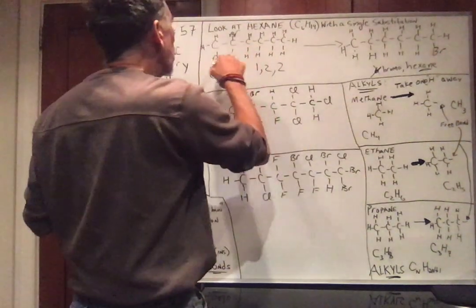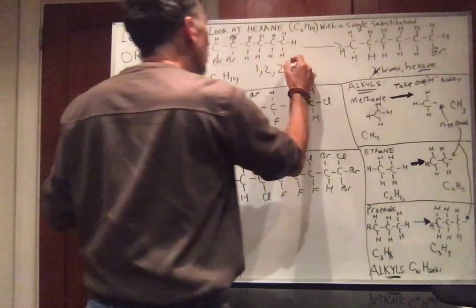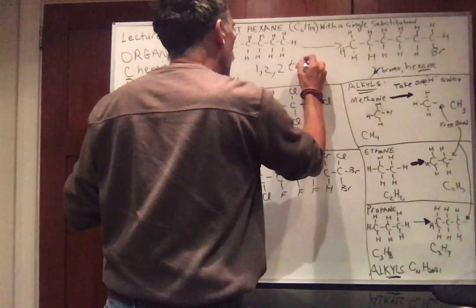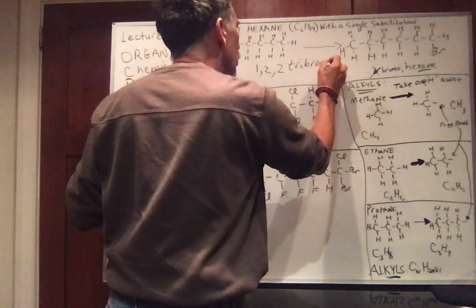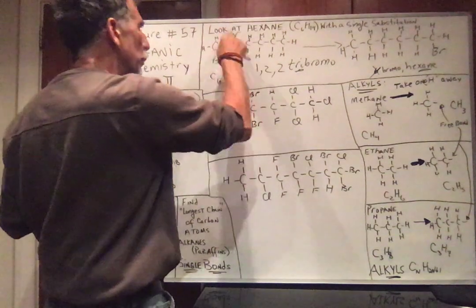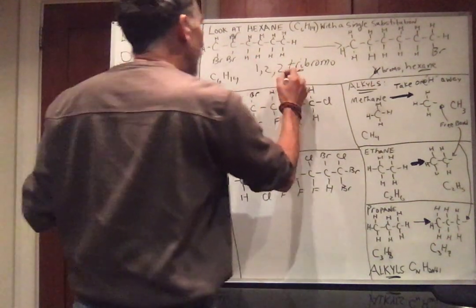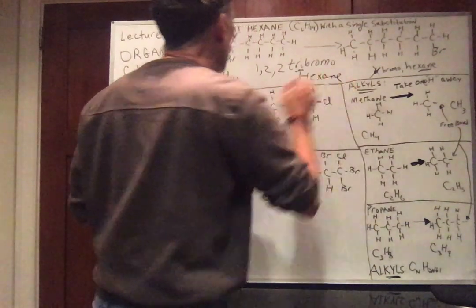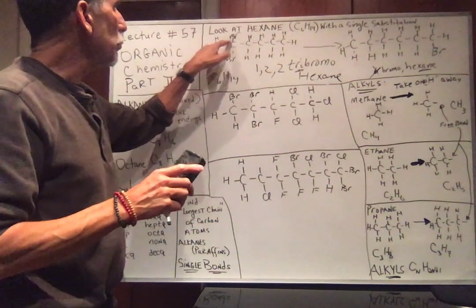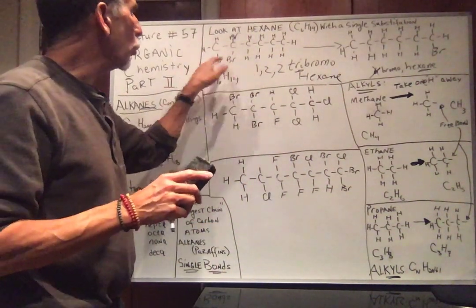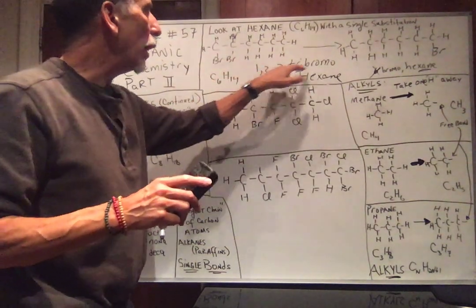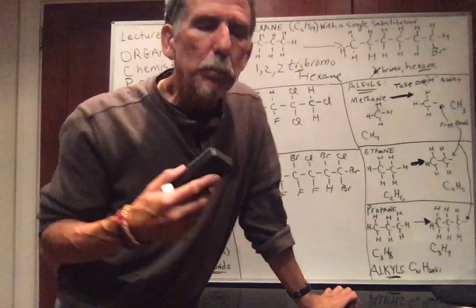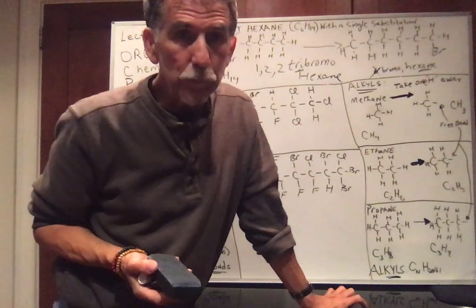So it would be 1, 2, 2, tribromo. Do you see why it's tribromo? Because there's 3 bromines, and that's still hexane. So this would be 1,2,2-tribromohexane. You must tell me where the bromines are.